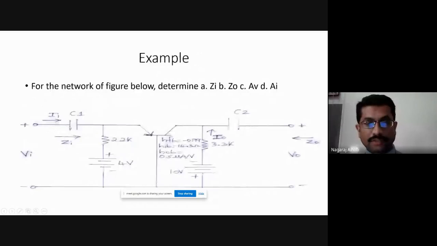Therefore, calculate the value of Zo. 1 upon hob, we already got, is 2 mega ohm. 2 mega ohm parallel RC. RC is 3.3K. 2 mega ohm parallel with 3.3K is how much? Calculate quickly.